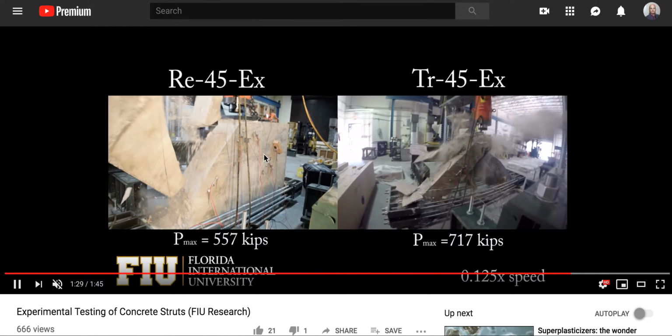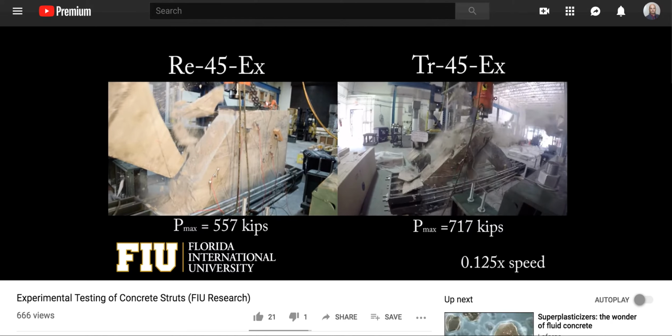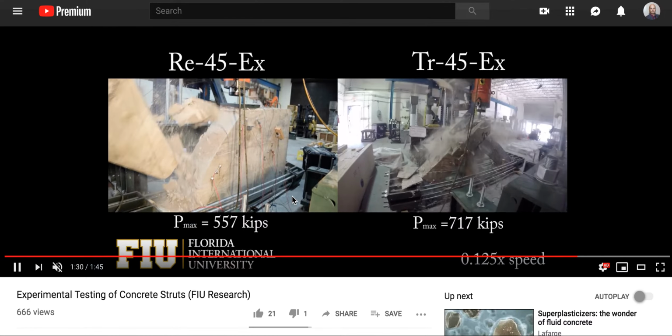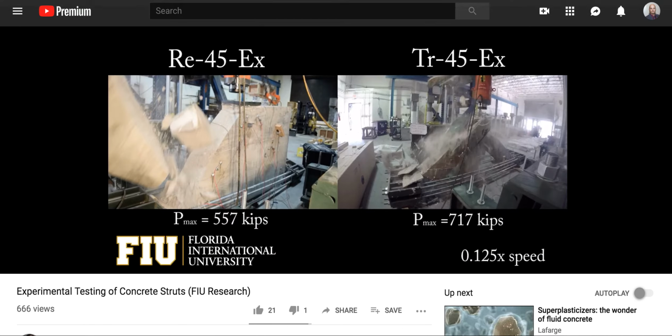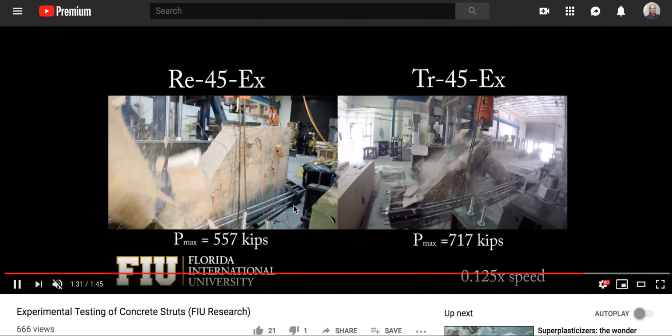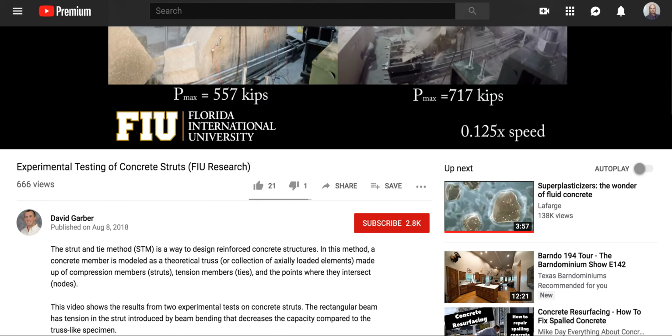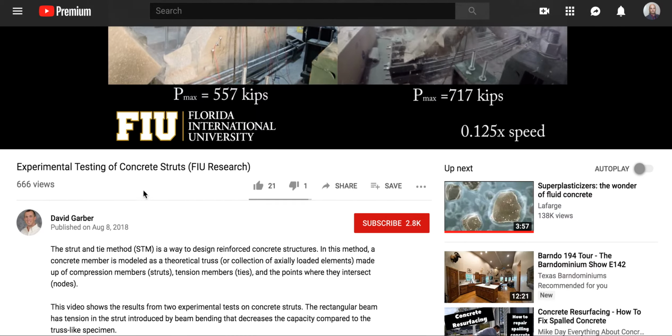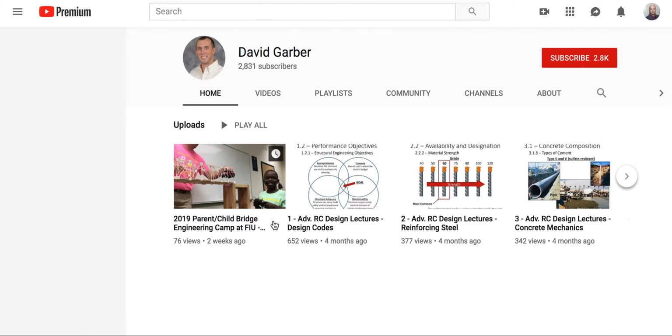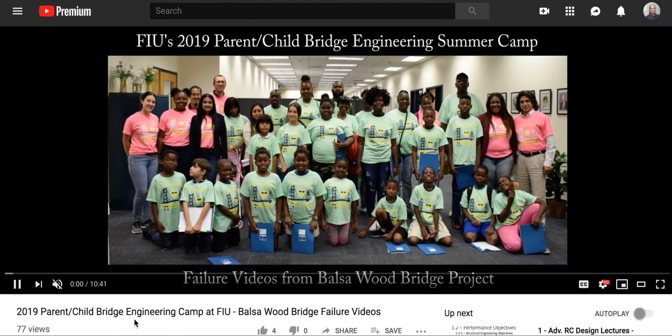That's my thought. But I want to send you guys over here, and then FIU is still not over themselves about being the world's greatest bridge builders. They're not over themselves. If we troll over to my man's channel here, and I got nothing against him at this time, we have the 2019 Parent-Child Bridge Engineering Camp at FIU.